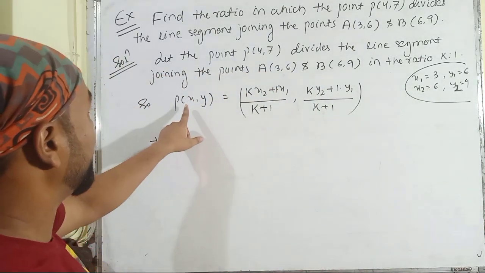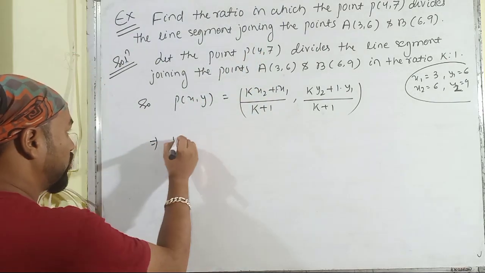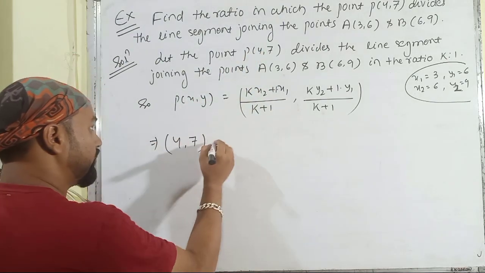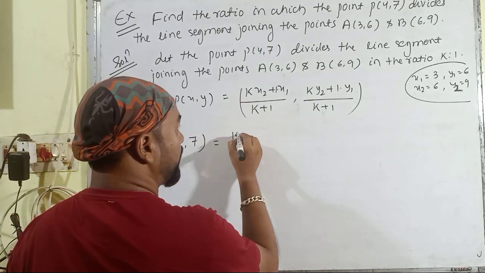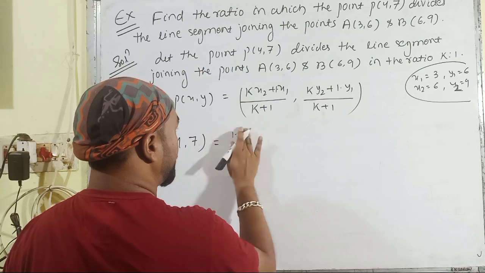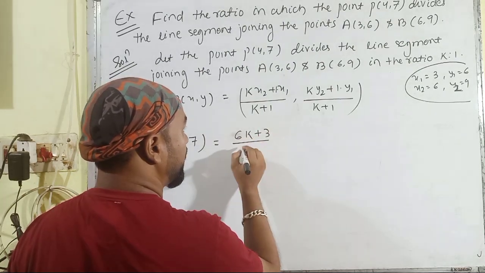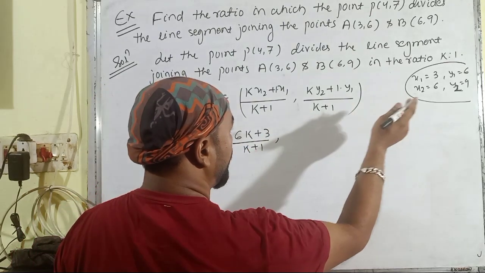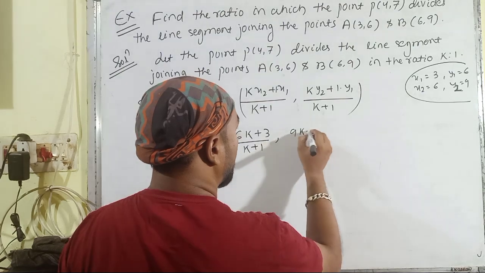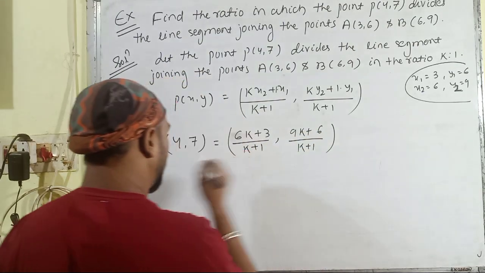As the given point P(x, y) is (4, 7), so (4, 7) is equal to ((6k plus 3) divided by (k plus 1), (9k plus 6) divided by (k plus 1)).